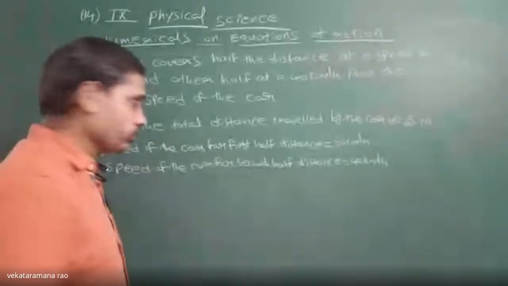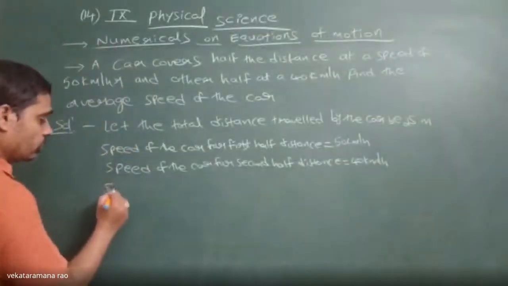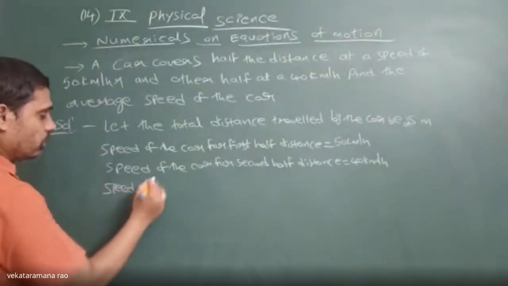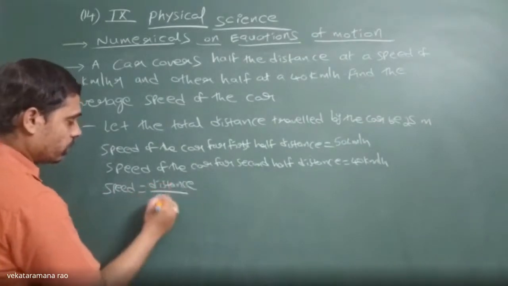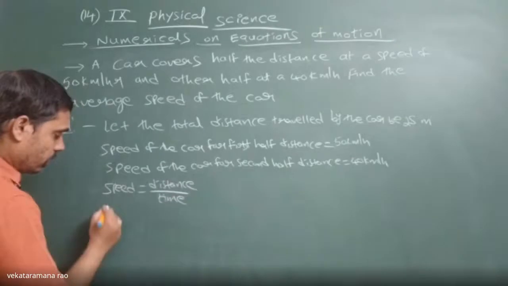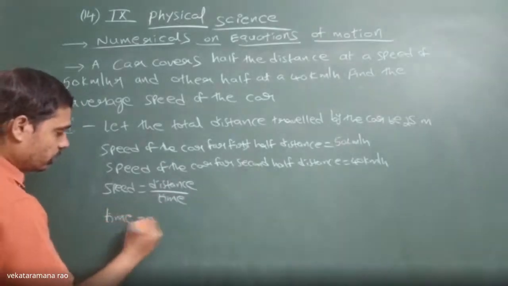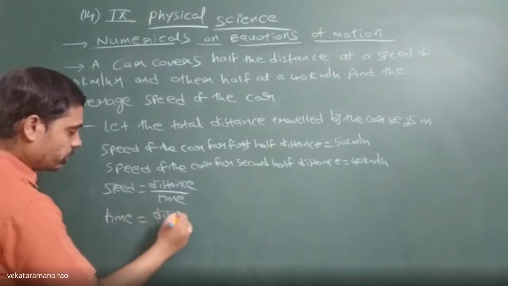Since the distances are known, what will you assume? Total time taken. Speed is equal to distance by time, then time is equal to distance by speed.